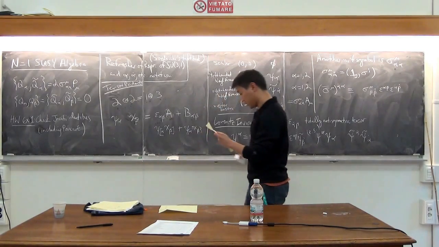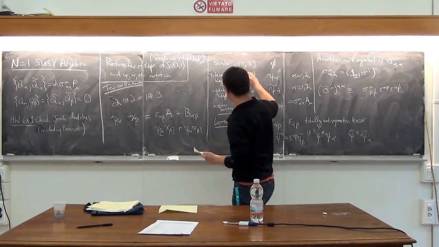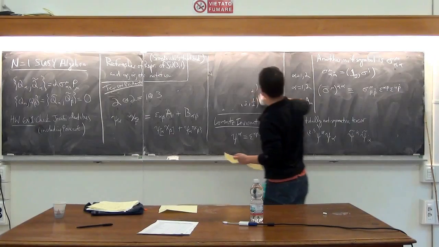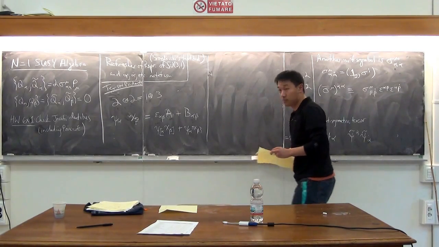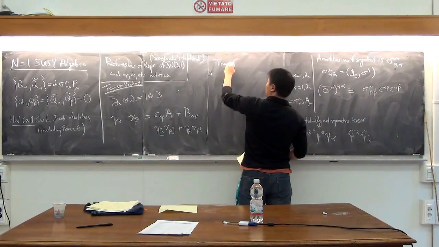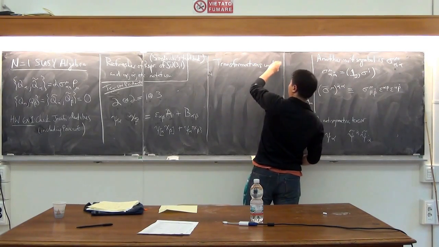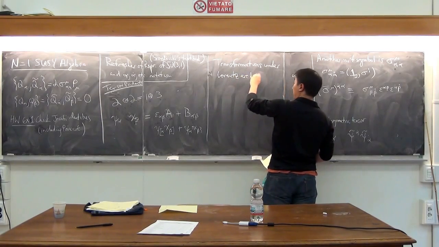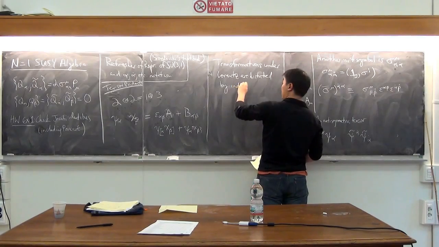So what else can I say? Yeah, one other important thing is how these things transform under the Lorentz group. The other nice thing about this index notation is that transformations under Lorentz are dictated by indices.